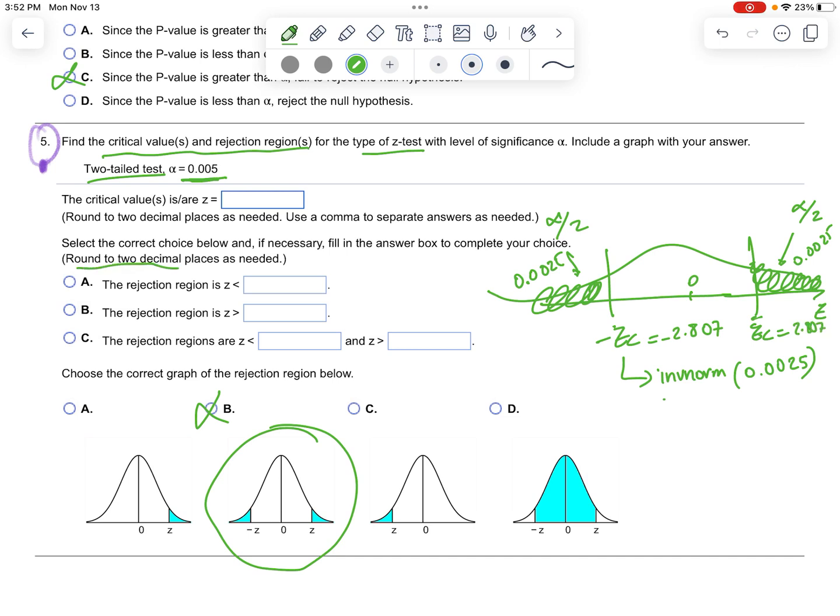It says round to 2 decimal places as needed. So your regions are going to be this guy here. Z is less than and Z is greater than. Okay? So negative 2.81, positive 2.81. Okay? So this is how it works. Critical values in plus or minus, so negative 2.81, comma 2.81.